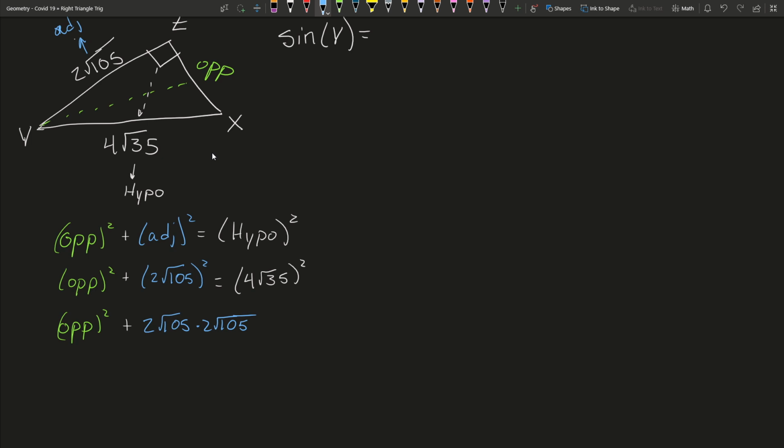So 2 times 2 is 4, times square root of 105 times square root of 105 just becomes 105. So that's 4 times 105, which is just equal to 420, right?